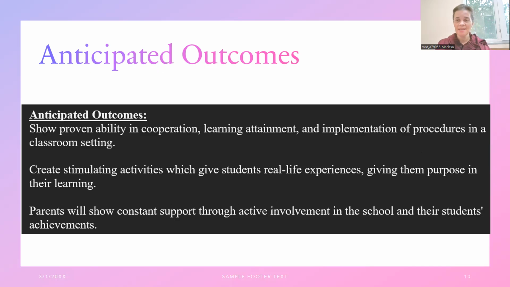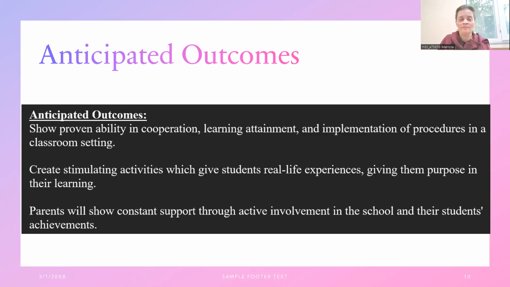All right, and some of those anticipated outcomes. What things might happen while I'm doing all of this? What may happen, and what will I do, thinking that this might happen if I do X, Y, Z, right? So my anticipated outcomes for my TPGP at the time was to show proven ability in cooperation, learning attainment, and implementation of procedures in a classroom setting.